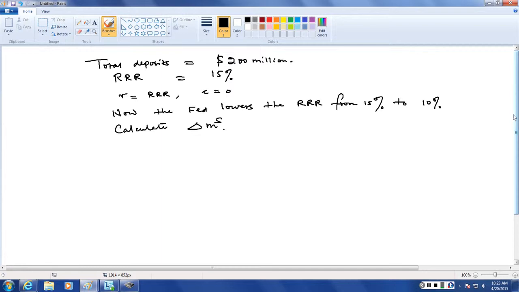Once again, we will have to use the formula that we put up on the screen before, right? The one involving the monetary base and the money multiplier, right? So how is this going to work?